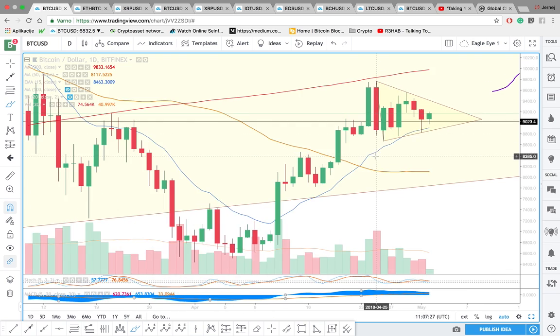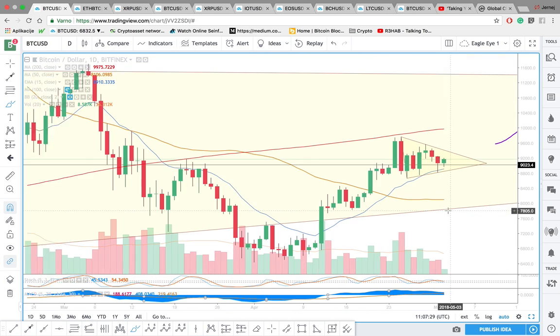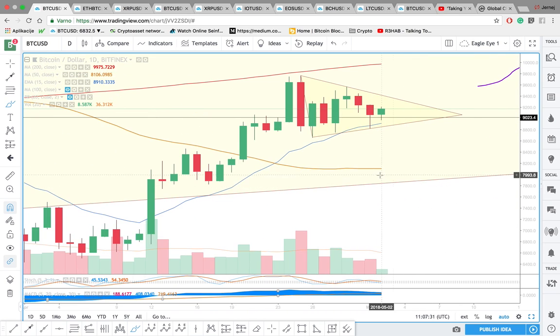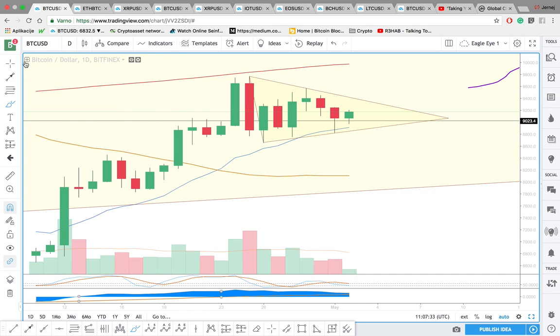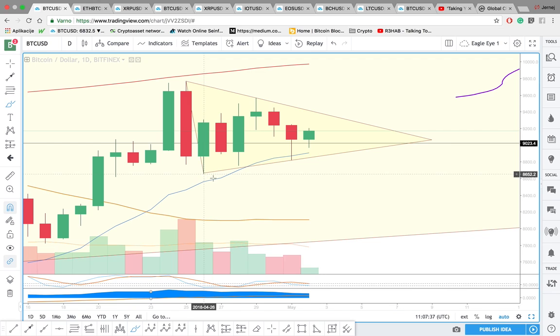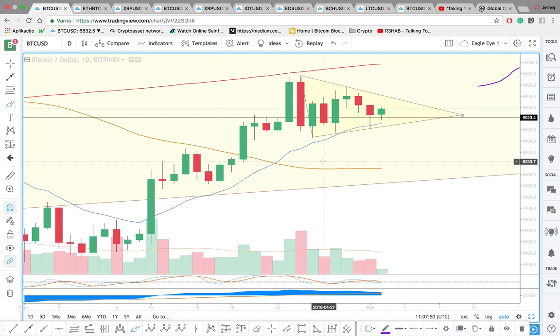So yeah, looking at this, we have a triangle. I really like triangles. I think it proves to be one of the most powerful techniques to use in crypto trading. And this triangle is something like this. So it's not perfect. It's not perfectly symmetrical. It's not perfectly descending or something like that. So it is a little bit tricky.